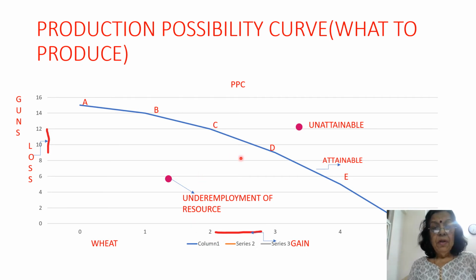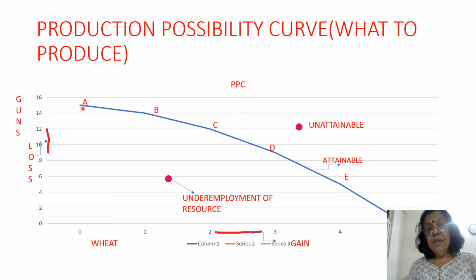And if you are coming to D, then the economy will have to reduce its production from 12 to 9 units. This is loss, and loss is opportunity cost. Always remember, loss is considered to be opportunity cost.